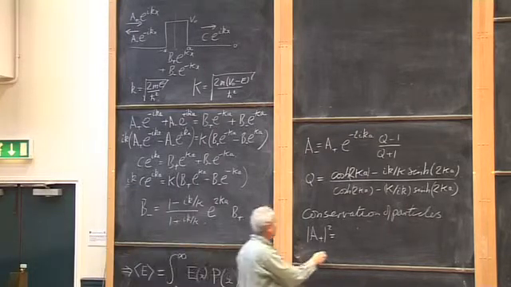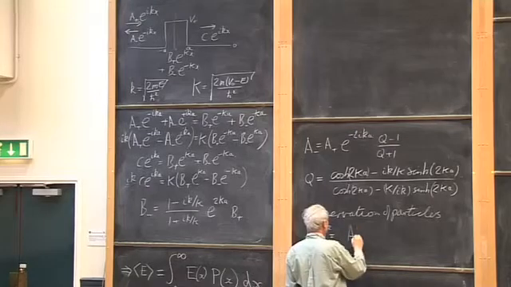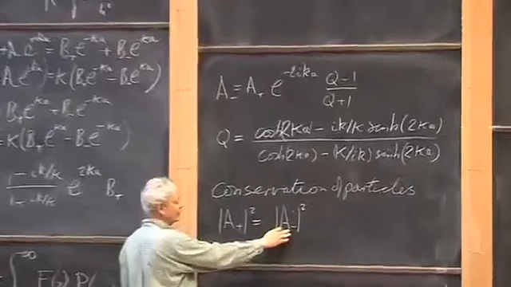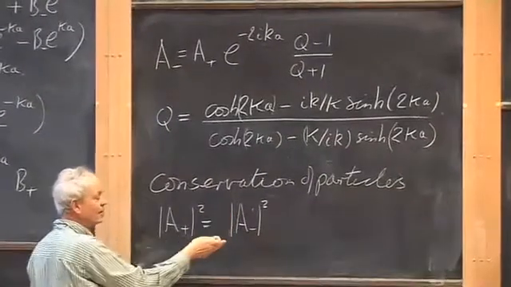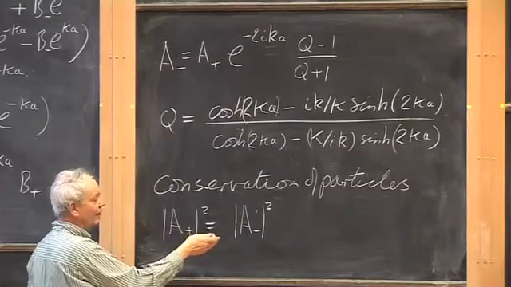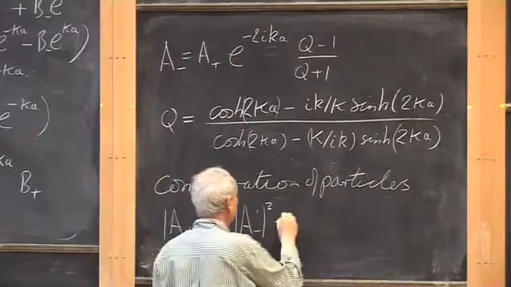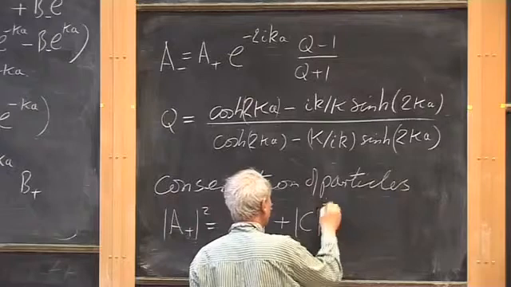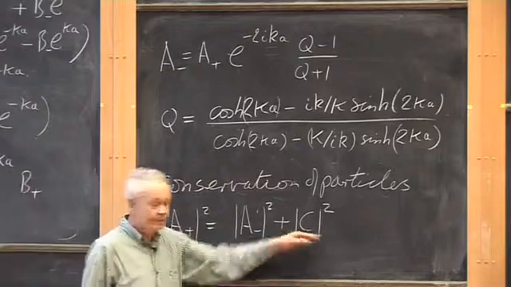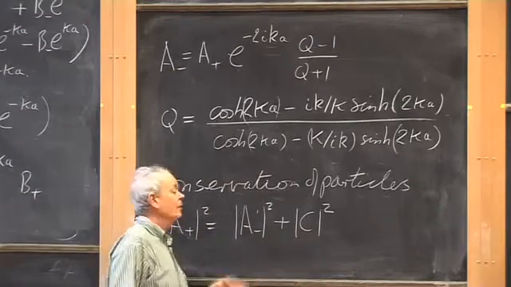And the flux of incoming particles has to equal the flux of the outgoing particles, which is the mod square of A minus, the density of outgoing particles, again times h bar k over m for the speed, plus c mod squared, right? So conservation of particles implies this relationship between these amplitudes.